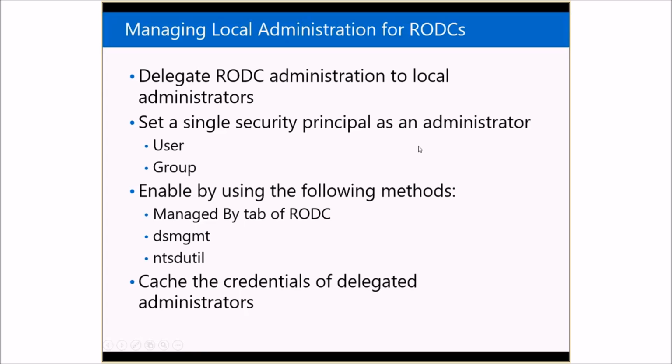We make him a local administrator, and then on this tab of the RODC object in Active Directory, we can set this person, this account that we spoke about, or this group, as the ones managing the RODC. So in the case there's an outage between the RODC and the regular domain controllers, these credentials will be cached, and then you can still log in as this administrative account locally.